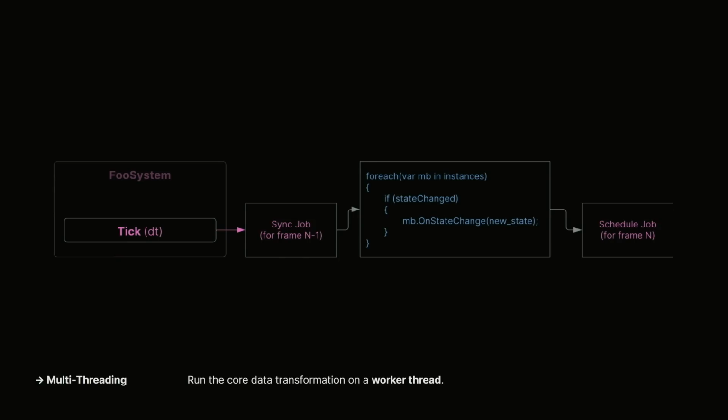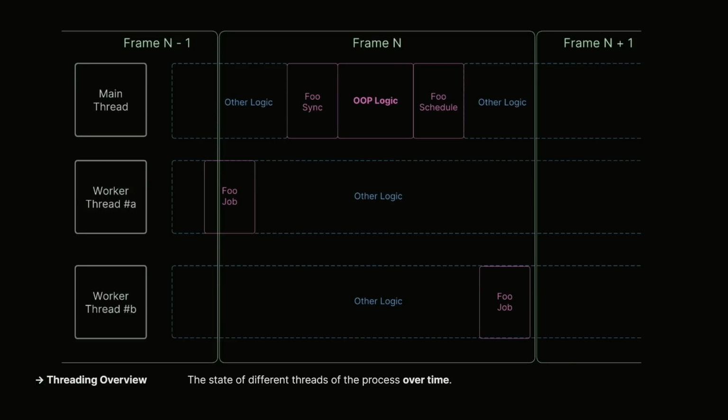And within this context, this is sort of how the threading overview would look. So when the tick of the system is executed, first of all, you can see in the top row on the main thread, when we synchronize the jobs, when we complete the job, after that, we execute all the object-oriented logic we had with regards to the instances, and then we schedule the job for the next frame.